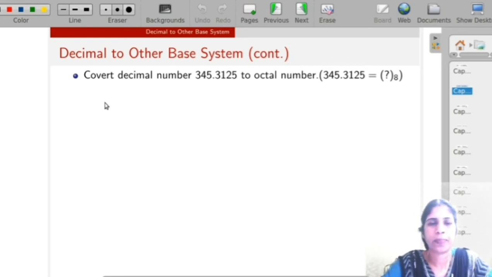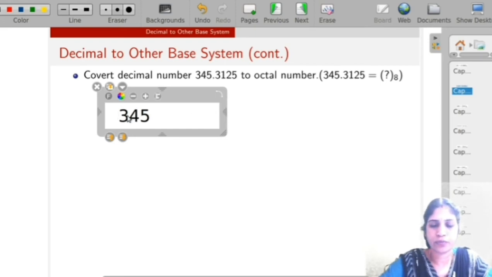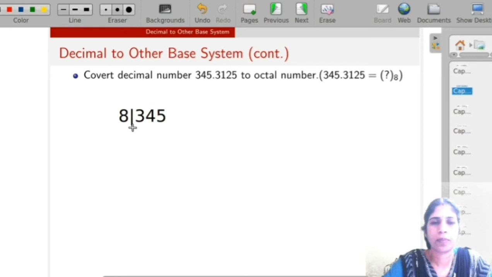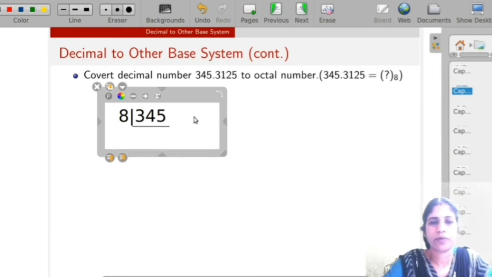So for the integer part, we divide the number 345 by 8 because we have to convert 345 to an octal number. When you divide 345 by 8, you get 4 as the quotient, 8 4s are 32, then we take 25, 3 4s are 24, so we get 1 as the remainder.